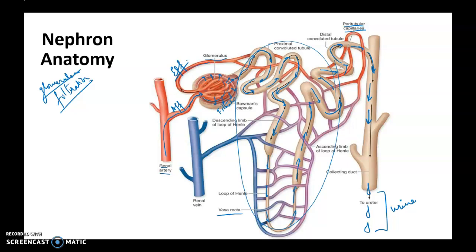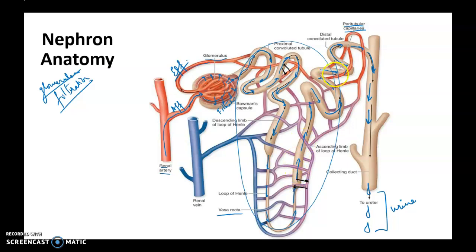What happens to the filtrate when it passes along this tube? Well, there are three or four processes that take place, which is nothing but exchange of material from the tubule into the blood vessel. Do you see that?